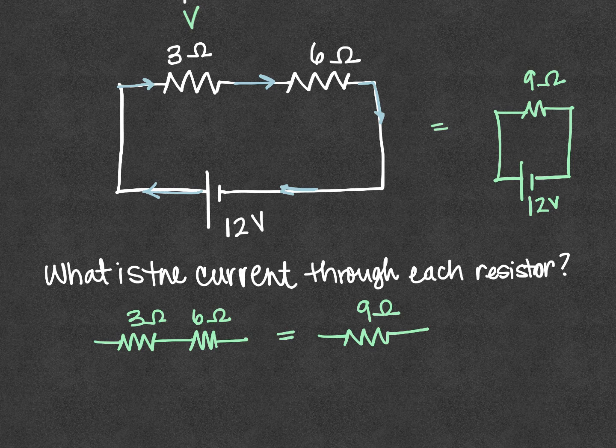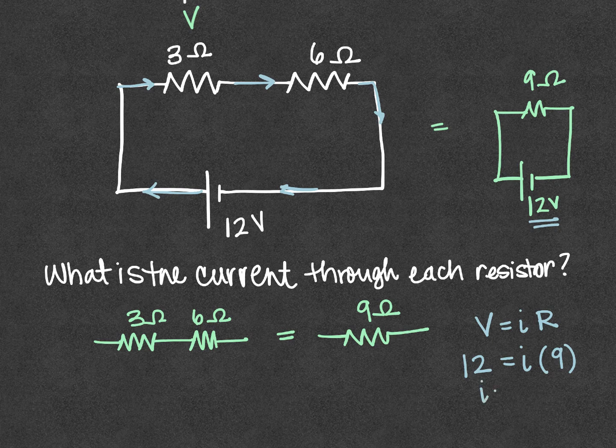So then I can use Ohm's law to determine the current, because if V is equal to I times R, the potential difference of the whole circuit is equal to 12. That's the voltage of the battery, and that would equal I times R, and the total equivalent resistance of our circuit is 9 ohms.